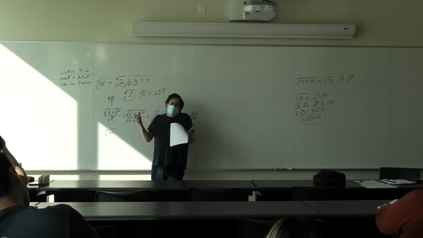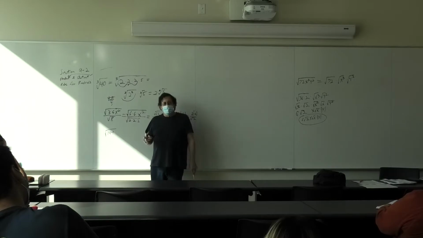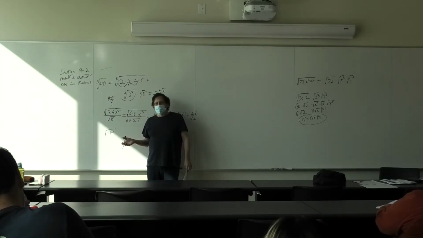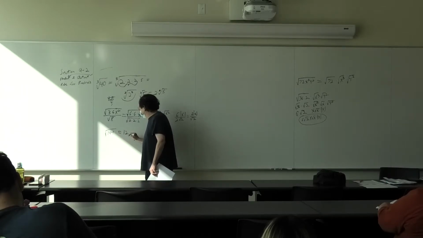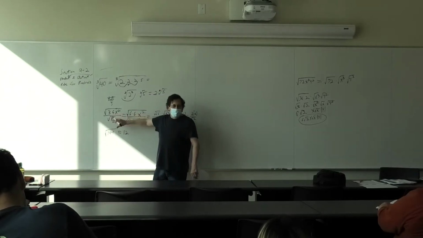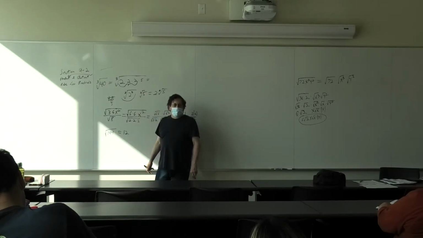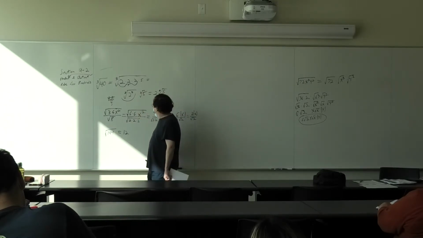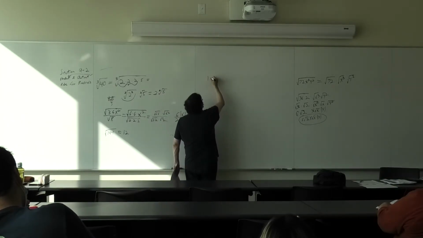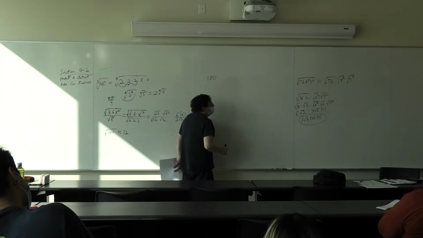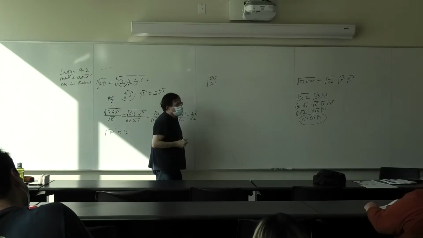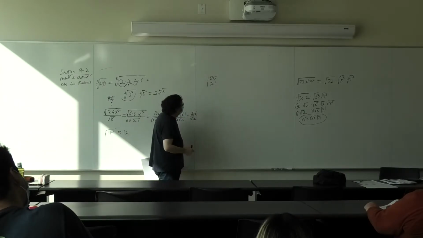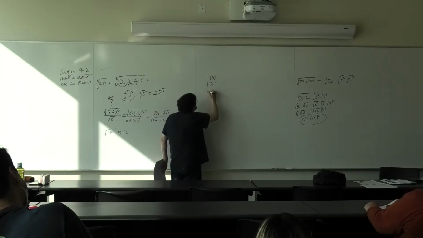Why is it 144? Well, there's this idea of a dozen. Everybody knows what a dozen is, right? Unless you go to the baker. It's 12, and 12 times 12 is 144. So not everybody knows all these above 100. There's a few that are good to know. Obviously 100, the square root of 100 is easy. 11 squared is 121, that's a good one to know. 12 squared is 144.